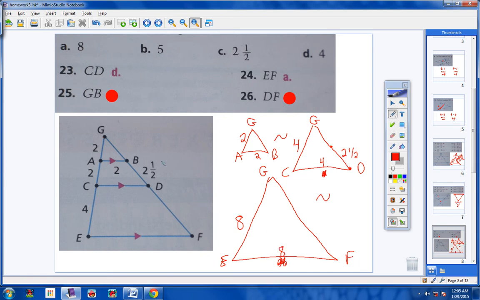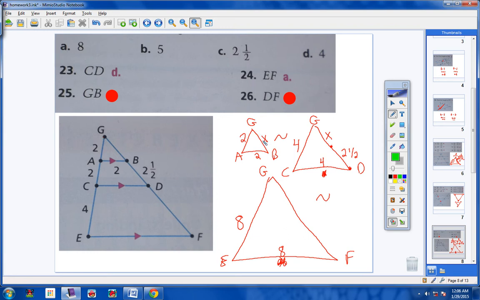Alright, GB. Let's see, can we use our similar triangles here? We can call this length here x, so that means this length from here to here is x. Let's be really careful here. I want to find the length of GB, x.